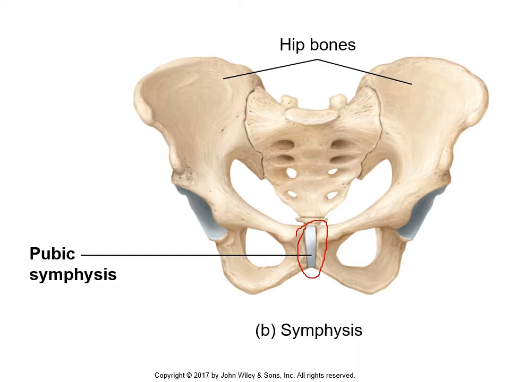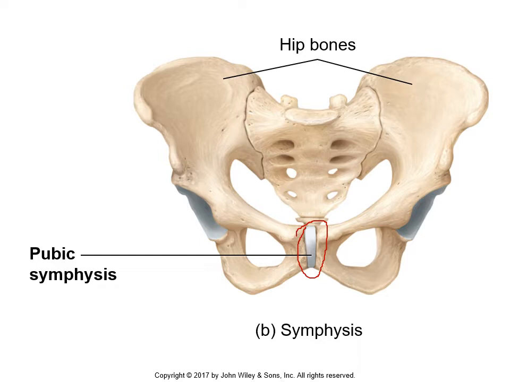The other place where you see symphyses is the intervertebral discs. Remember when we discussed the vertebrae, we talked about the body of the vertebrae, the superior articular facets, the spinous processes, all those different structures.